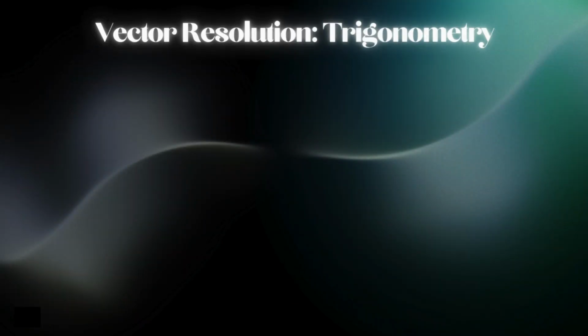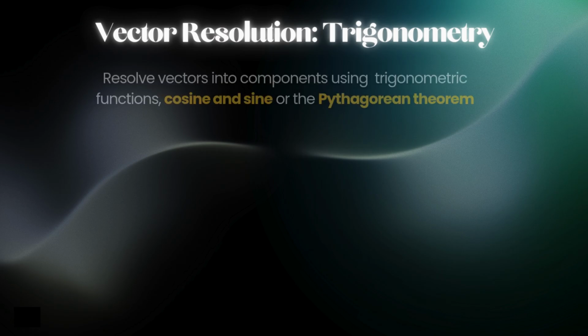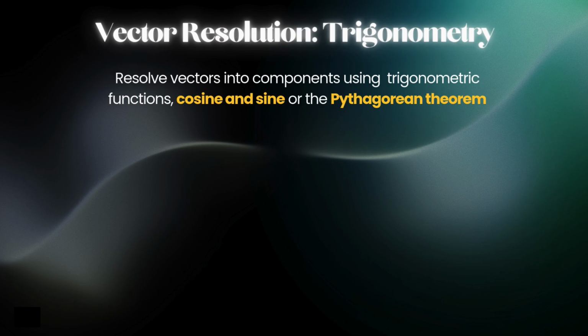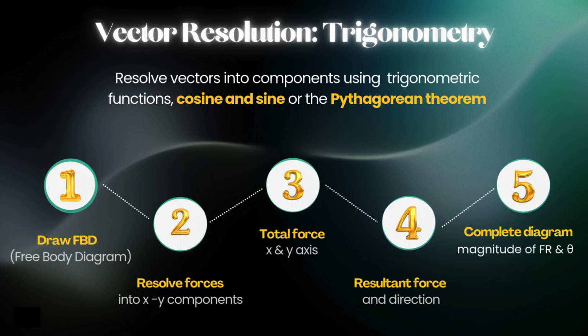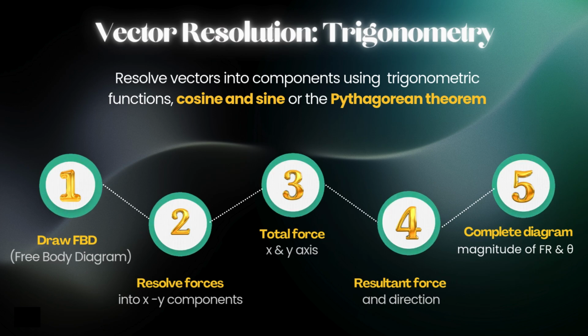Solve vector resolution problems by using the trigonometry method. Resolve vectors into components using trigonometric functions, cosine and sine, or the Pythagorean theorem. There are 5 steps in solving vector resolution problems. The first one, draw a free body diagram.